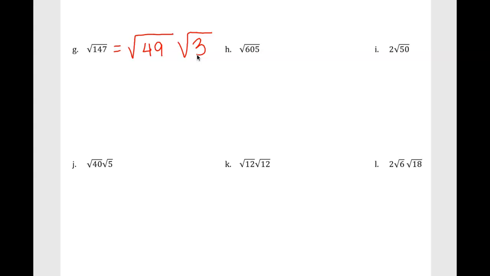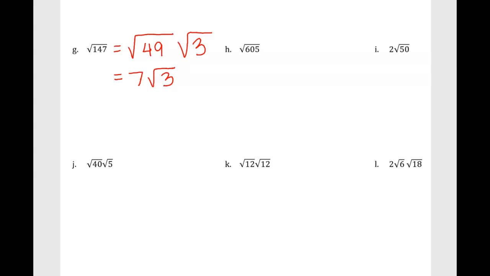So I can rewrite square root of 147 as 7 square roots of 3. That helps me know that this number is somewhere near 12. 7 times something smaller than 3. Okay?